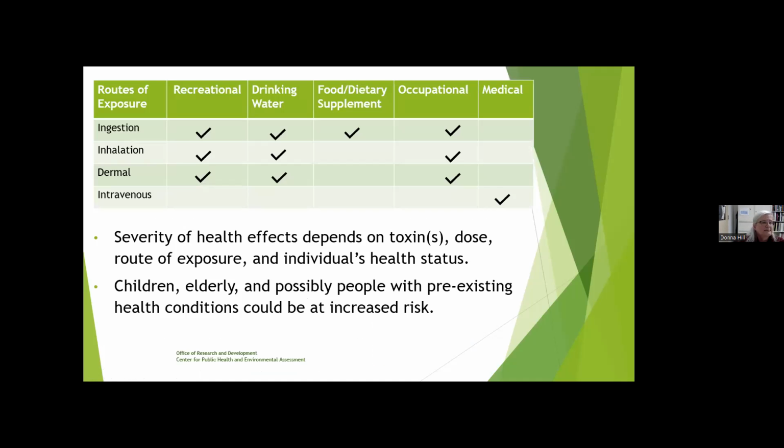And this is just a little comparison of routes of exposure depending on the situation. So whether you work around the water that's contaminated, you're drinking it or recreating in it, you can get exposed multiple ways. I put this medical intravenous, it always has to be mentioned because it did happen and it was horrible.